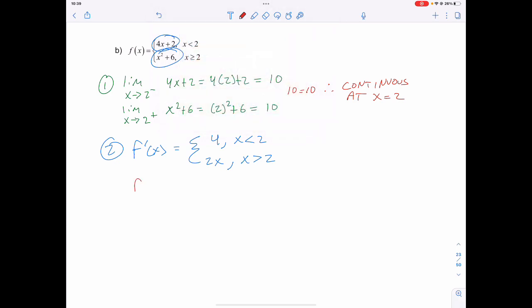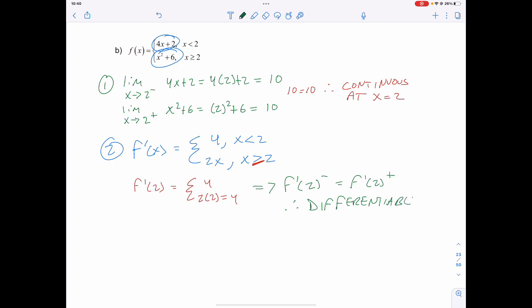When I plug it in, f prime at 2 from the left is going to equal 4, and 2 times 2, which also equals 4, from the right, where x is greater than or equal to 2. Which means that I can state that f prime of 2 from the left is the same as f prime of 2 from the right, which means that it is differentiable at x equal to 2. And that's it.